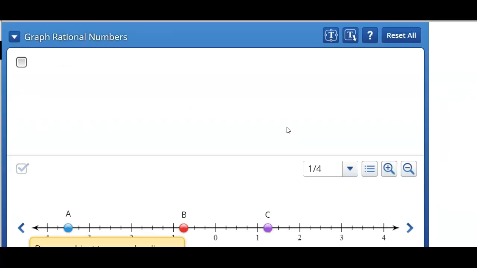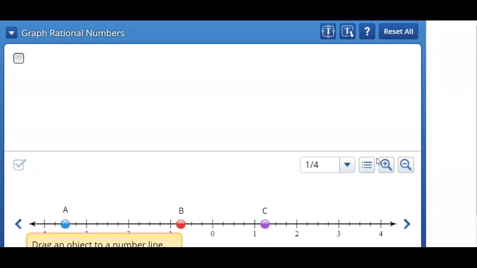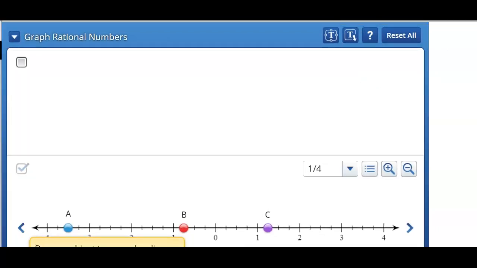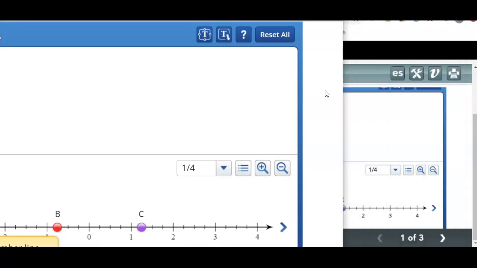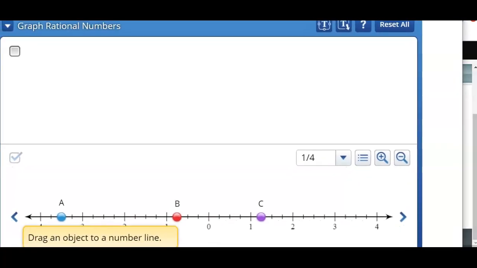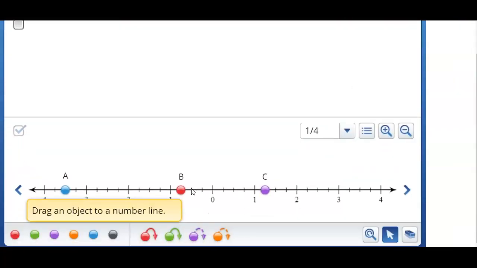We're going to look at part number 1 here where it says point A, point B, and point C. Okay, what I want you to do on your guided notes, we have point A, B, and C. This one is A right here.